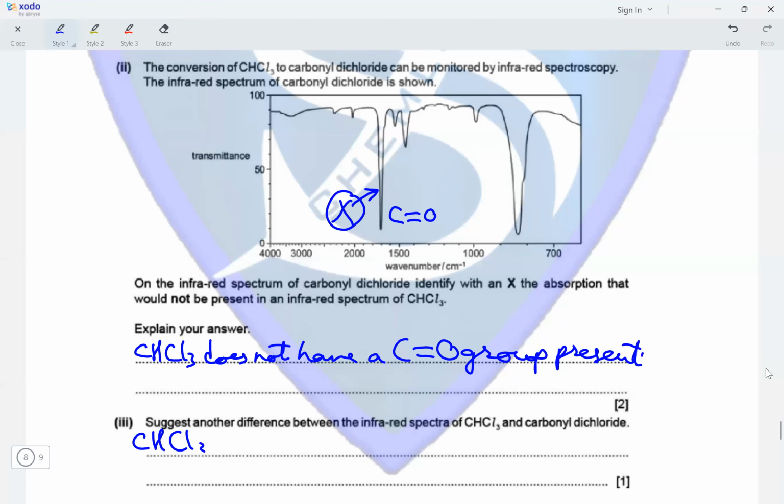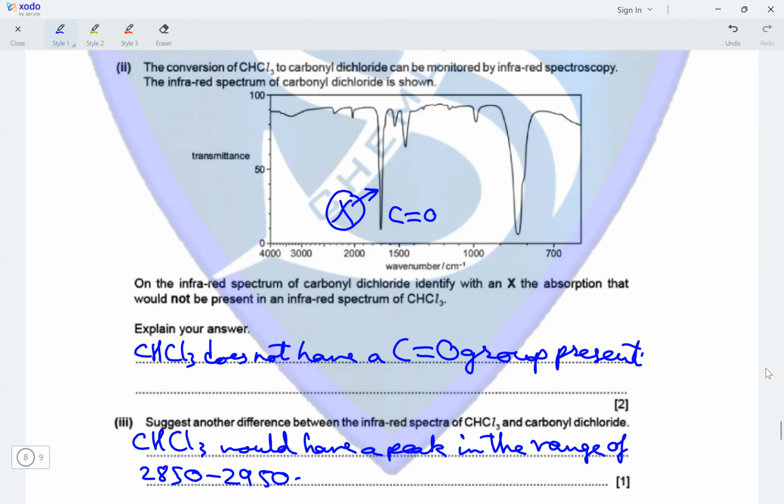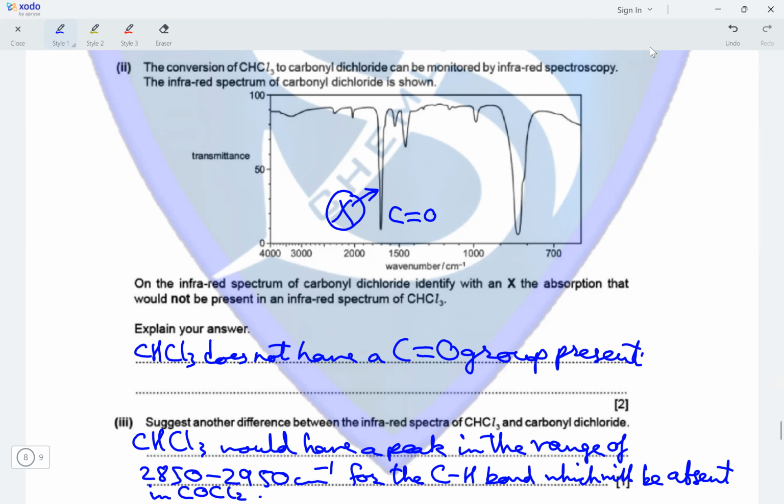So CHCl3 would have a peak in the range of 2850 to 2950 wave numbers for the CH bond, which will be absent in COCl2, carbonyl dichloride, because carbonyl dichloride will not have any CH bonds present in it because there are no hydrogen atoms present in carbonyl dichloride.